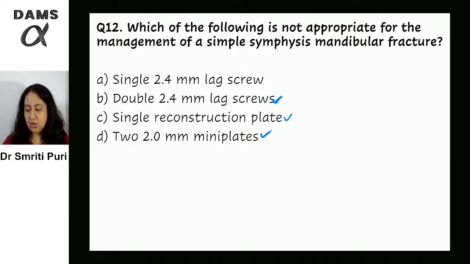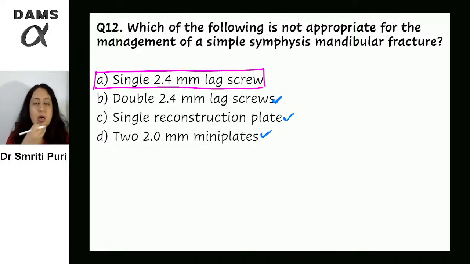So yes, you can put a single reconstruction plate. However, a single lag screw, in spite of being a rigid fixation device, is going to make the area unstable. It is not going to counteract the torsional forces.